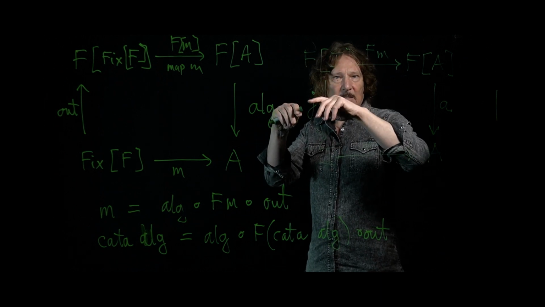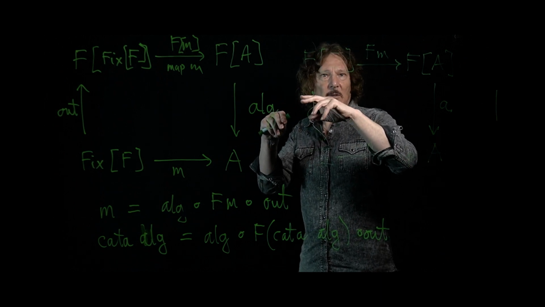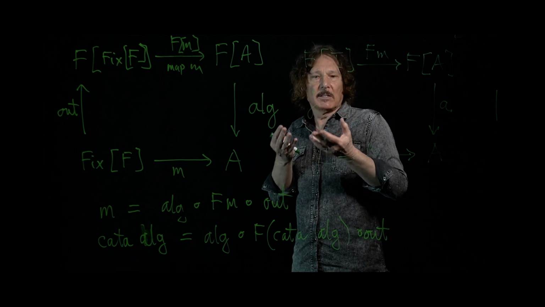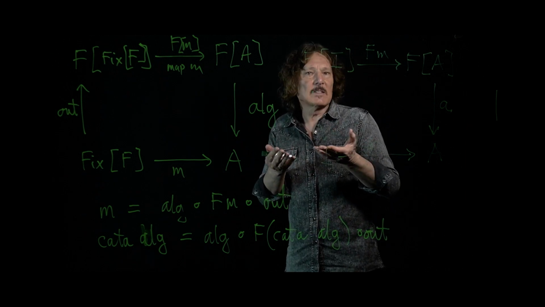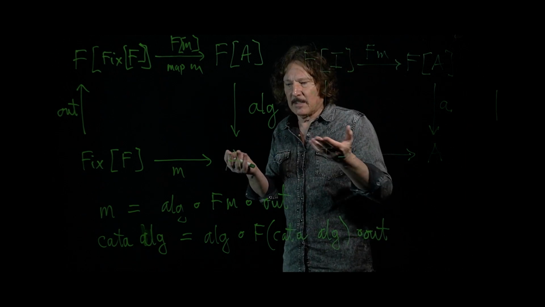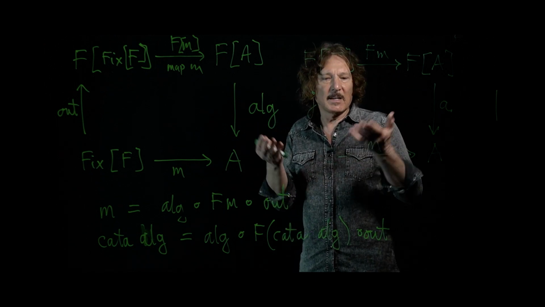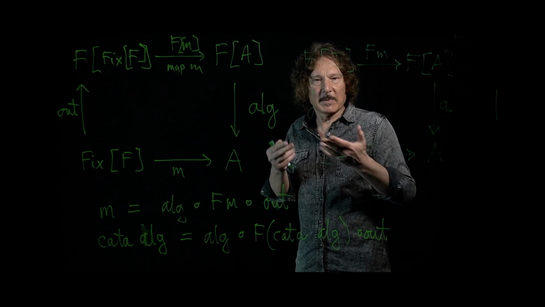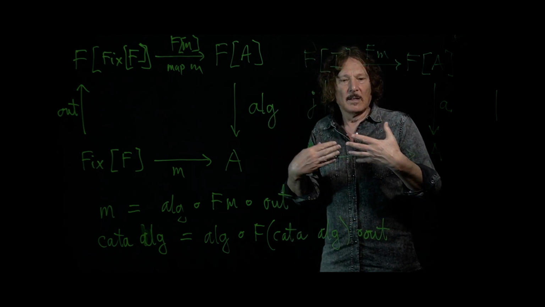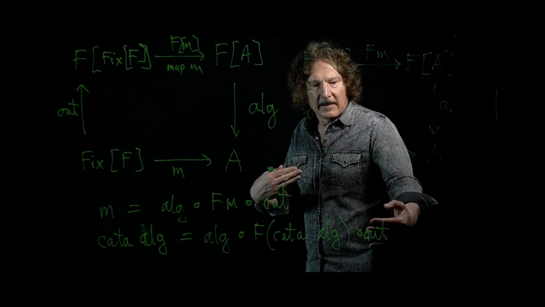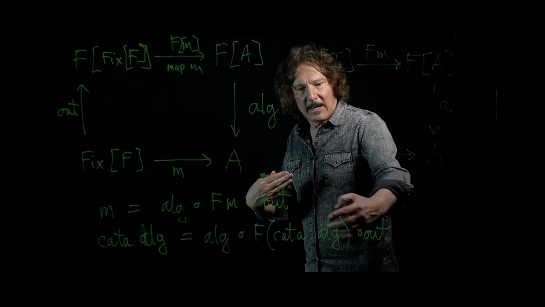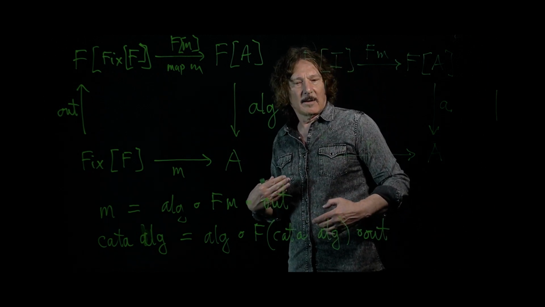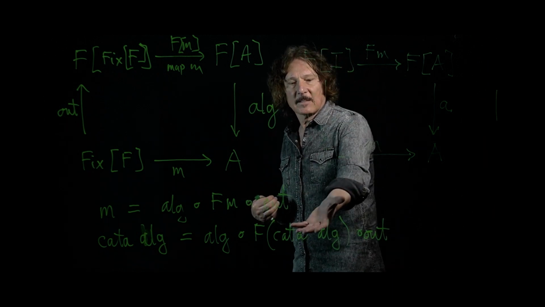When you apply out to it, you strip the external constructor from it, so you expose the top level node, right? If this is already a leaf, then you're just exposing a leaf, and that's a simple case. But if you're exposing a node, then you apply the lifted catamorphism.